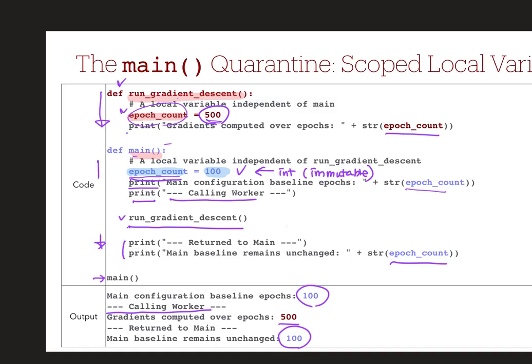So when you consider 100 in one function and then 500 in another function, even right after that variable is destroyed in the run gradient descent function, that does not have any effect on the epoch count in the main function. So in the main function, the epoch count still has 100. So the scope of the variable within the run gradient descent function is within that function.